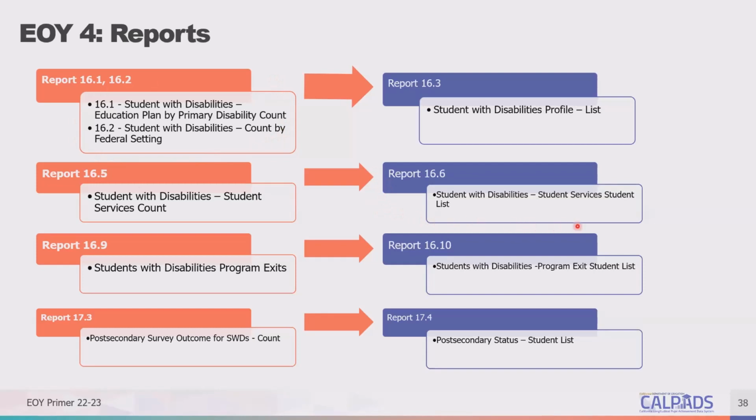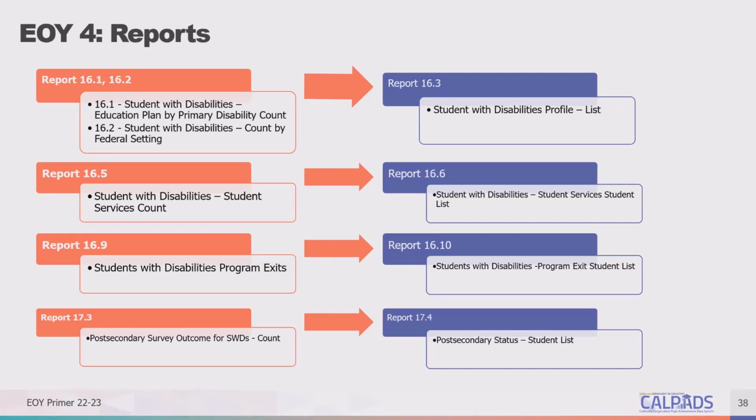Report 16.6, Student with Disabilities Student Services Student List, helps you to understand and interpret the numbers on Report 16.5, Students with Disabilities Student Services Count. So these reports, again, in blue or purple on the right-hand side, support the aggregate reports on the left-hand side, and the relationship is shown by these arrows here.